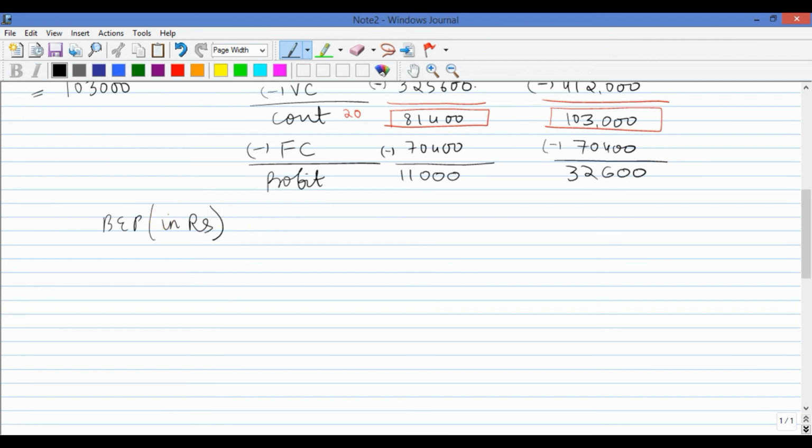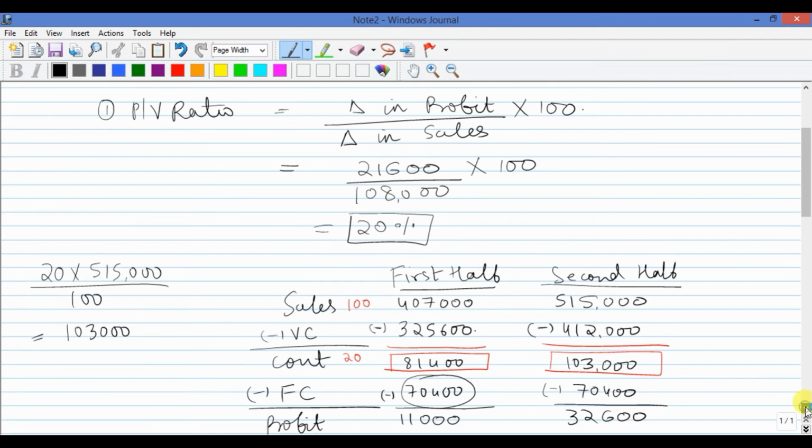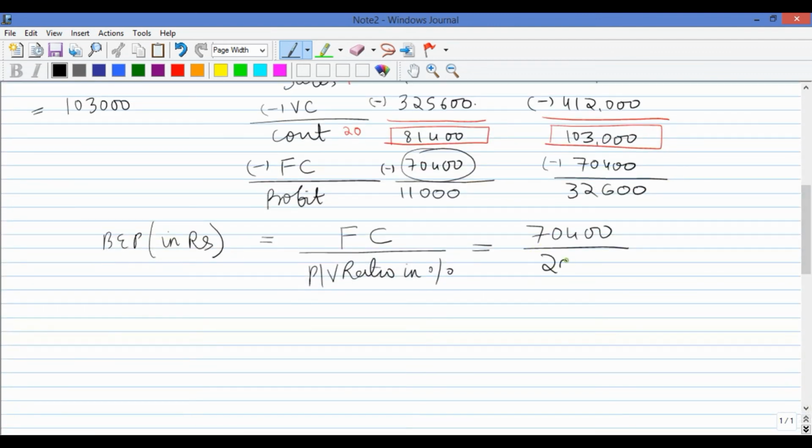So break-even point in rupees is nothing but fixed cost divided by the profit volume ratio in percentage. The fixed cost is 7,400, and the profit volume ratio is 20%. So 7,400 divided by 20% is 3,52,000 rupees, and this is my break-even point.